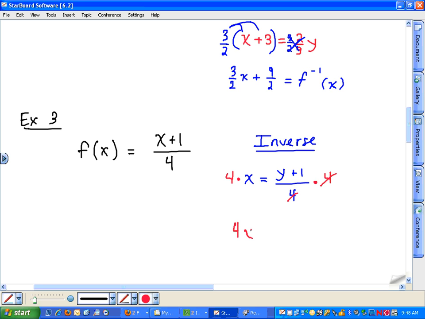So we get 4x. No, they're not like terms. Subtract 1, and then we get 4x minus 1. And it doesn't equal y, it equals f to the negative 1, because that means inverse of f.